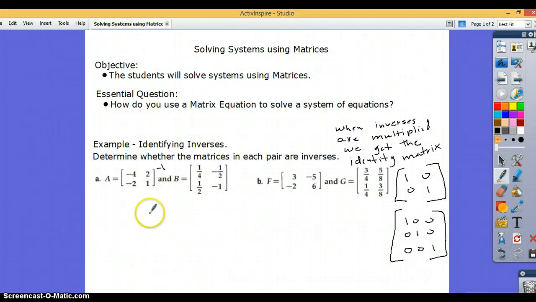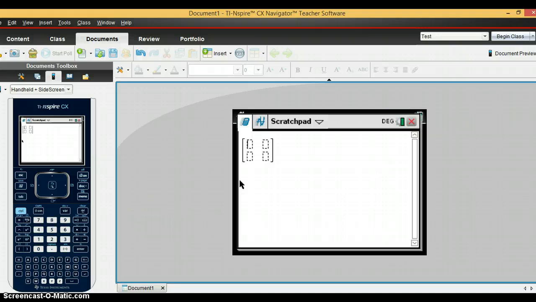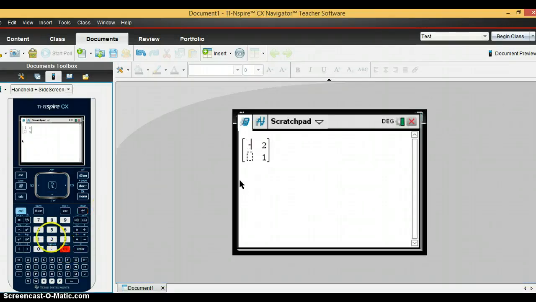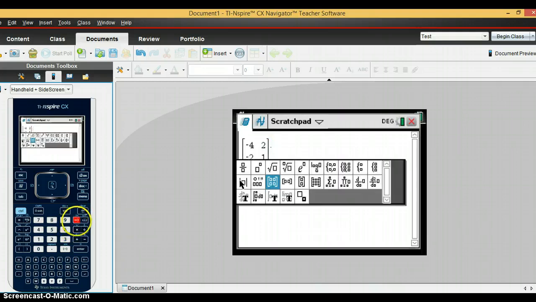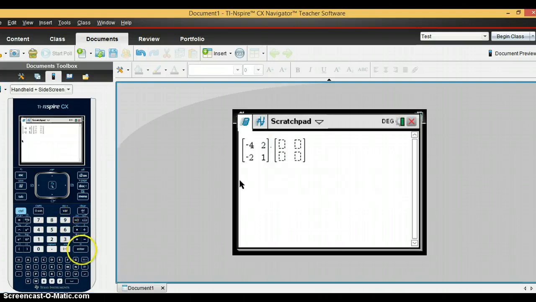Then the numbers are -4, -2, 2, and 1. -4, -2, 2, and 1. Alright, so multiply. We want another 2 by 2.